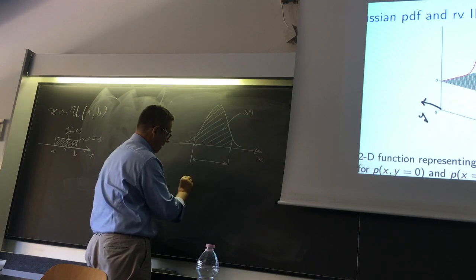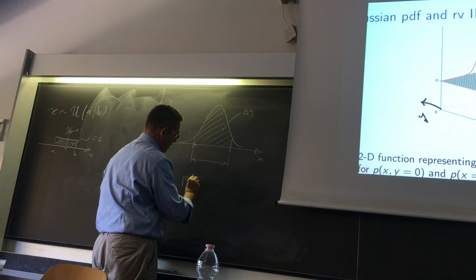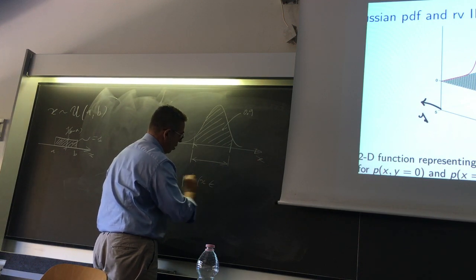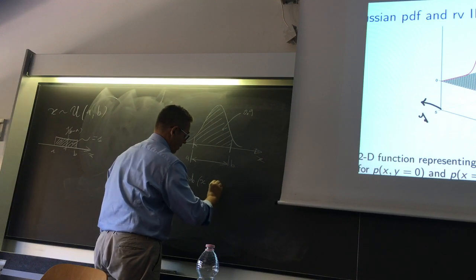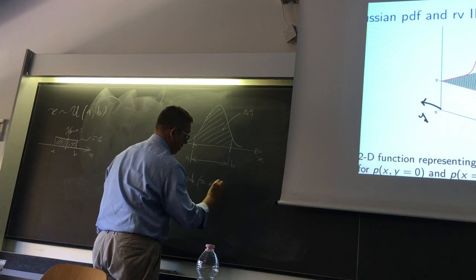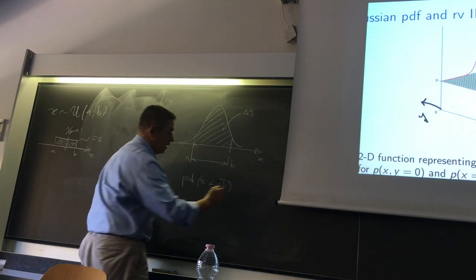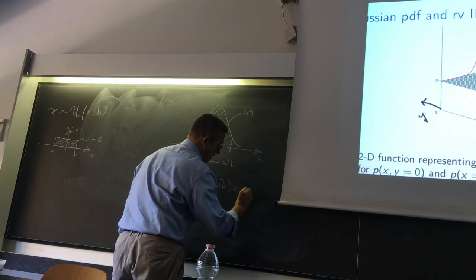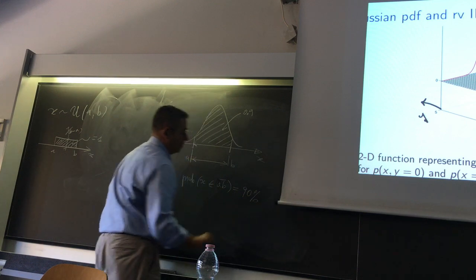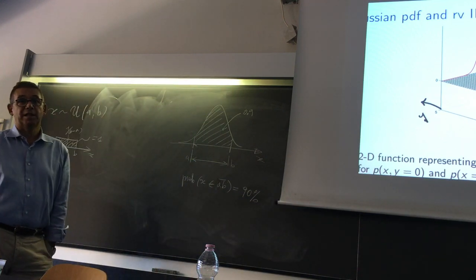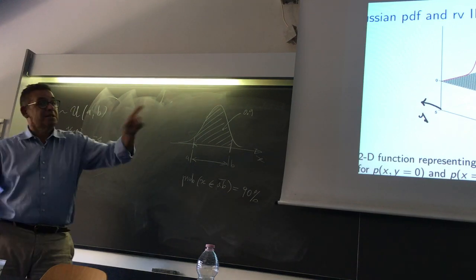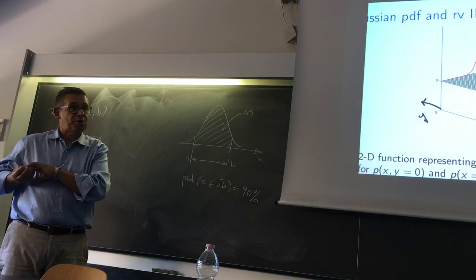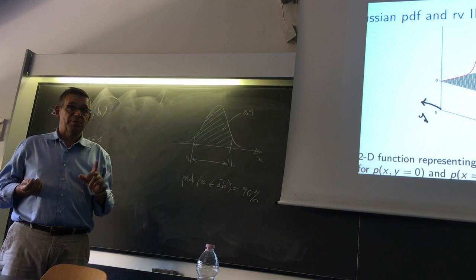So the probability that x belongs to this interval, let's say A and B, is equal to 90%. This is what it's telling. So that one is the two-dimensional version of this one, which is in 1D.